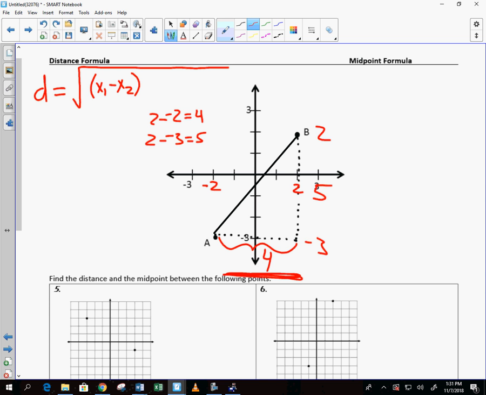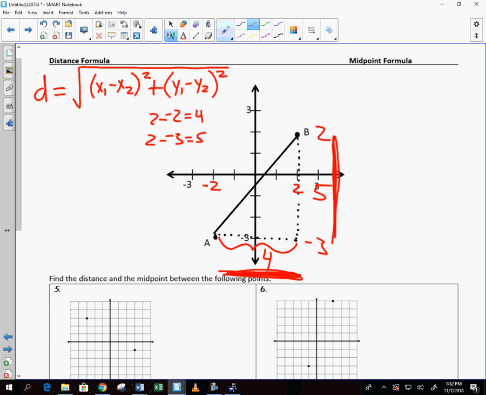And in the Pythagorean theorem, you square that side. You add that to, what did we do with our y values? We subtracted them. y1 minus y2. And we squared that.